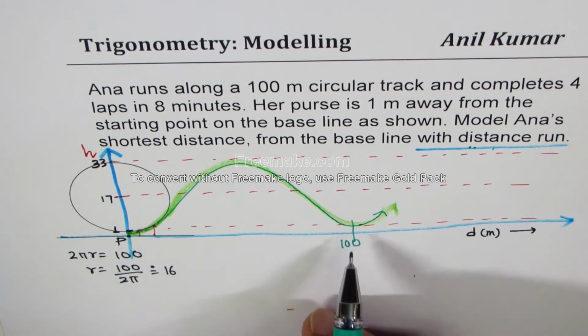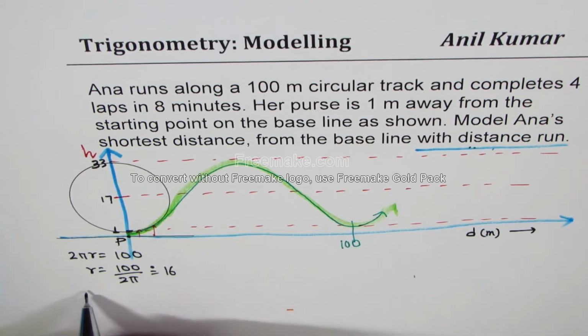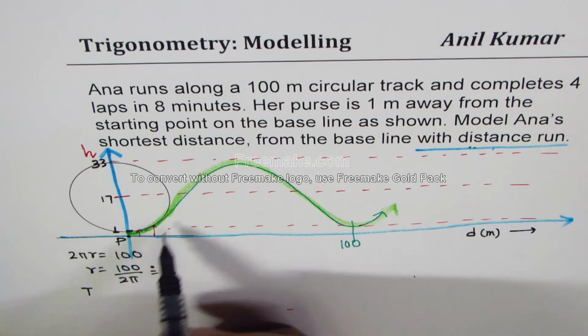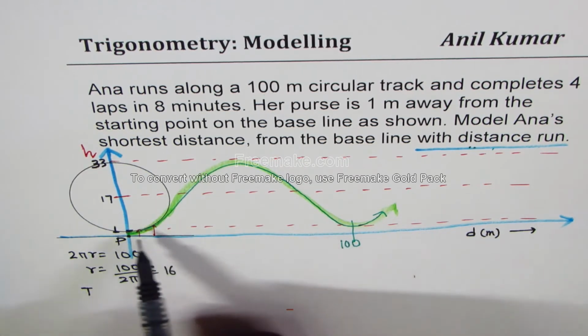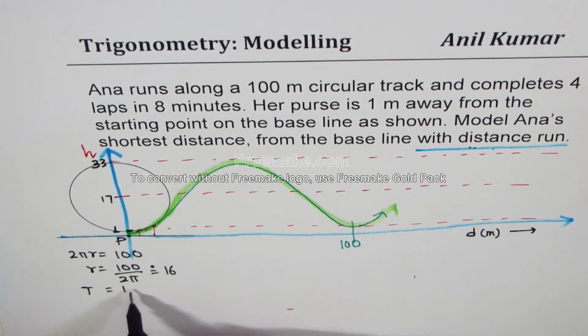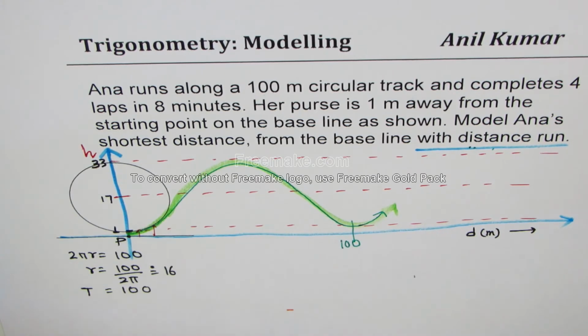So really speaking, the period T, which is when it will repeat, is every 100 meters. It repeats after every 100 meters, correct? So that is going to be the period for us.